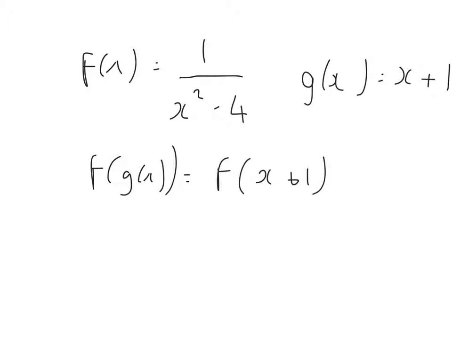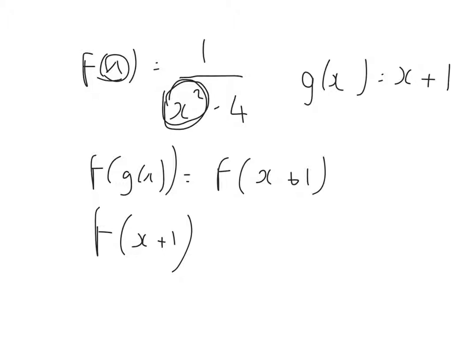The f function tells me that whatever's in the bracket, I write it down the denominator, square it, take away 4 with a 1 up top. So x plus 1 all squared, take away 4 with a 1 up top.